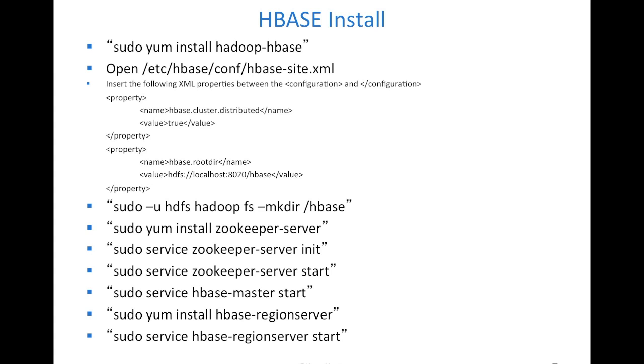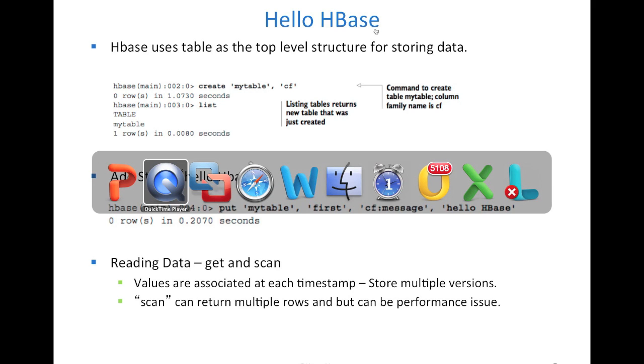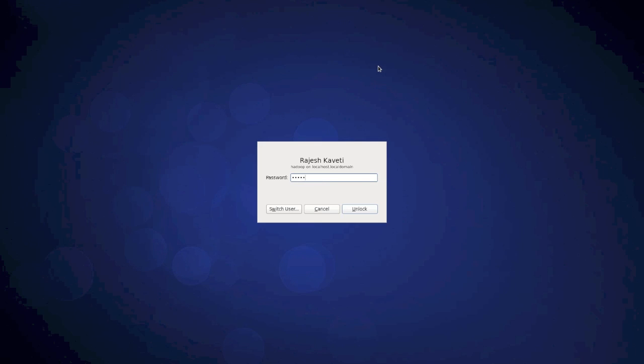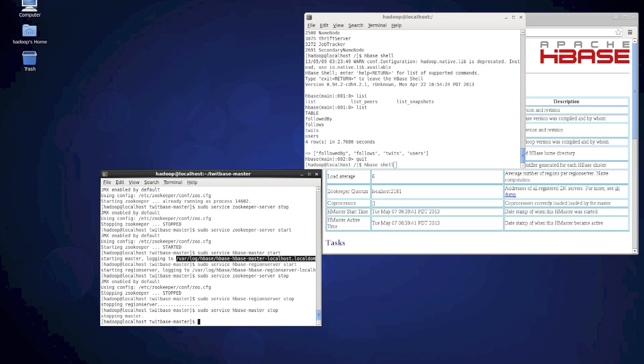I have already installed that in my VM, and I'm just going to start the services to give an overview. So I'm going to log in, and I will start with ZooKeeper.